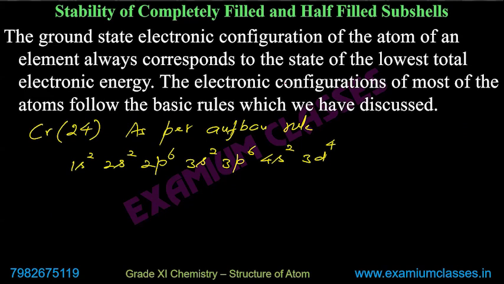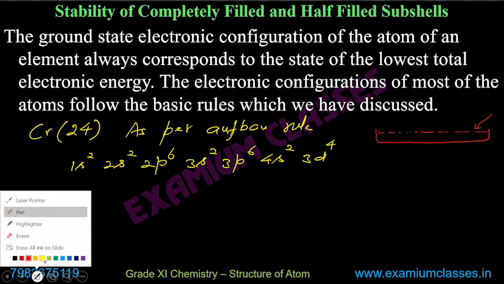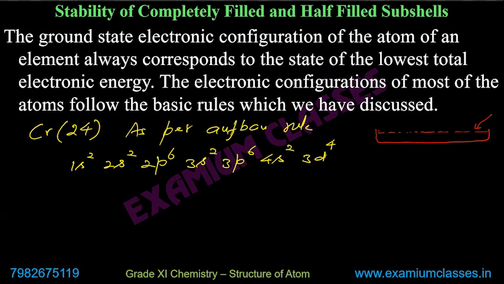But because the half filled and fully filled orbitals are more stable, and I gave you an example that if you pour some water, it will try to equate its level if it can. Now what happens? This outer electronic configuration is normally represented by the last two orbitals.